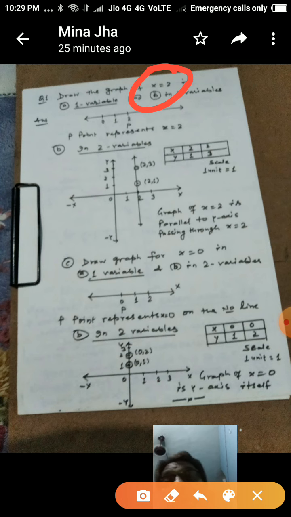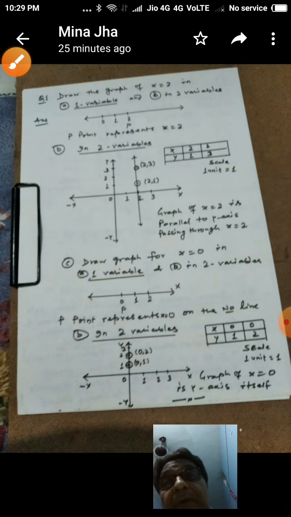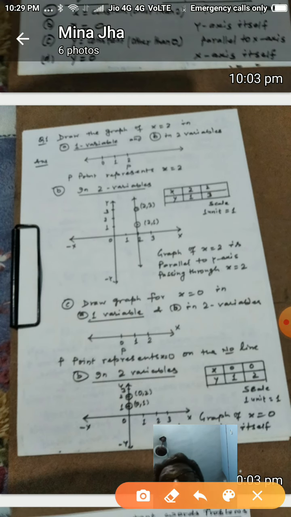So that is shown here, that in 1 variable simply we draw the x-axis and we will represent number on this axis. So where the 2, we have given name p, and then we say that point p represents x equal to 2. This is very simple.